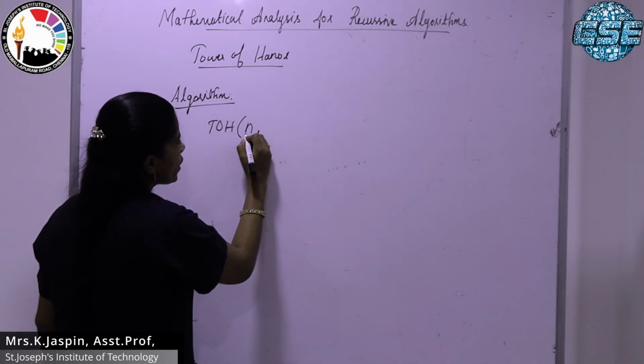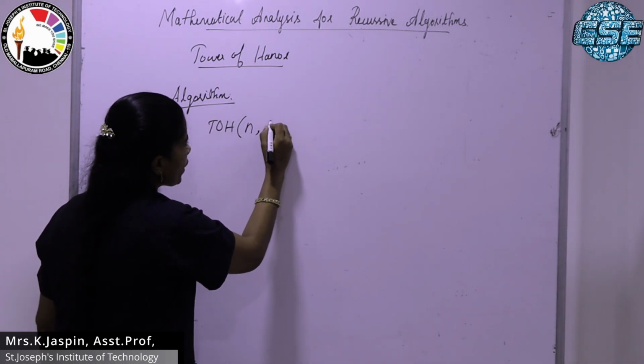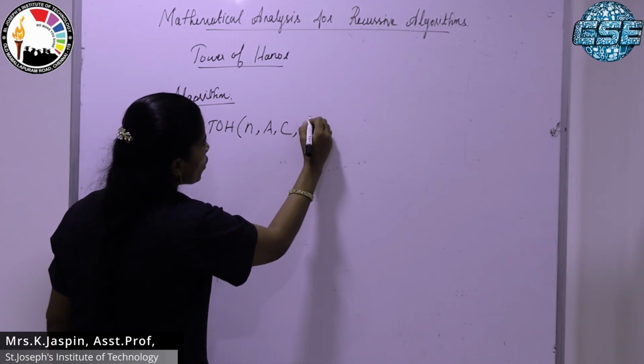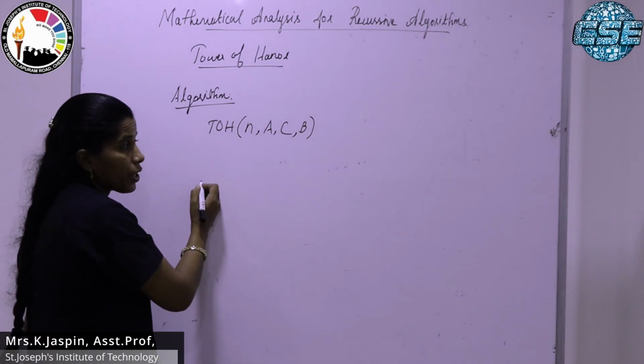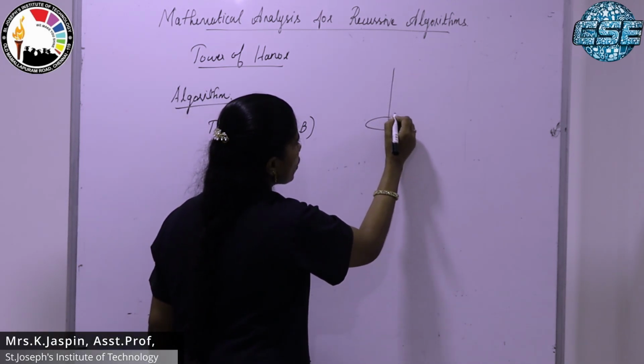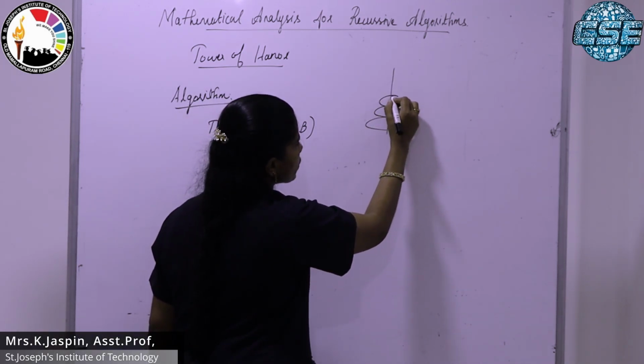So we need to move the n number of disks from peg A to the destination peg C using B as an intermediate peg. So let's consider you have three disks.